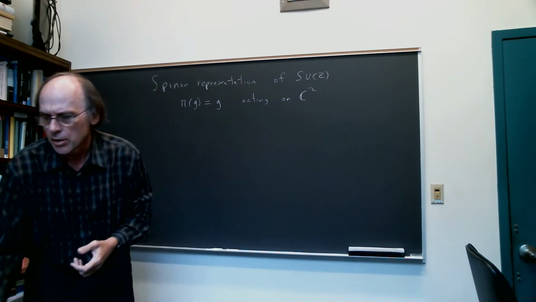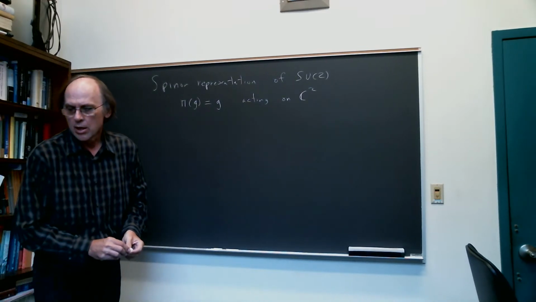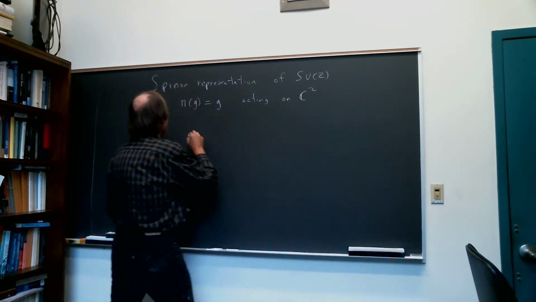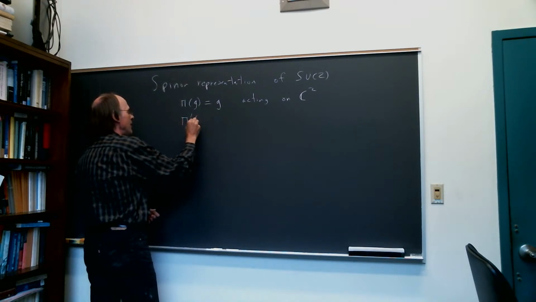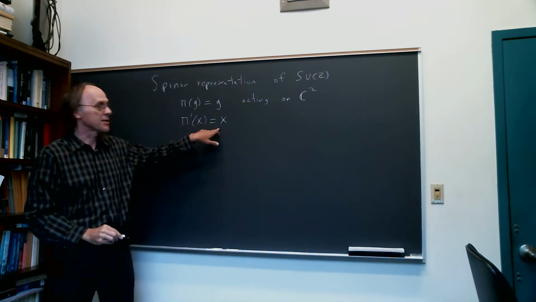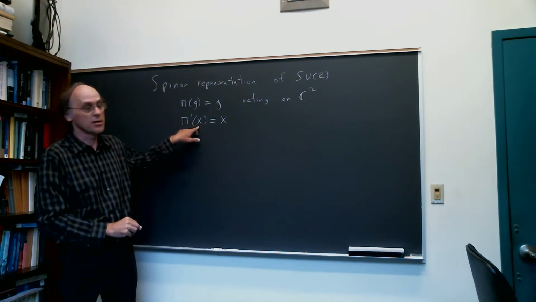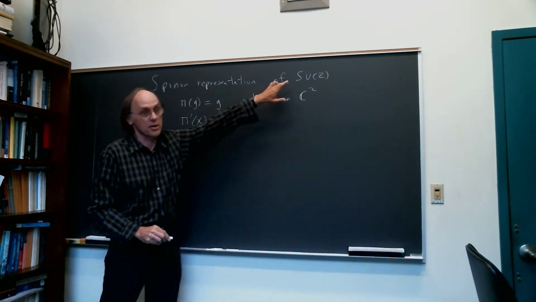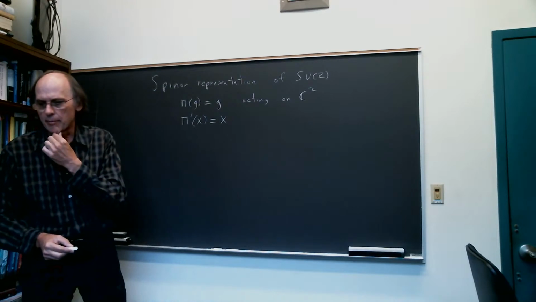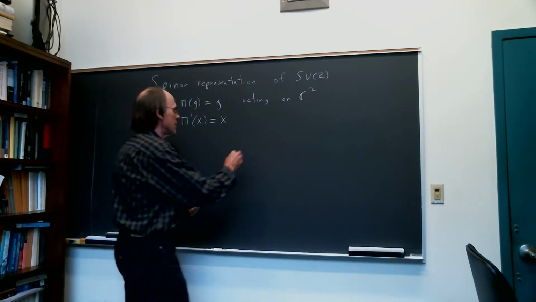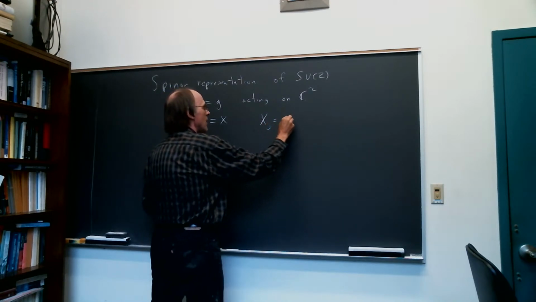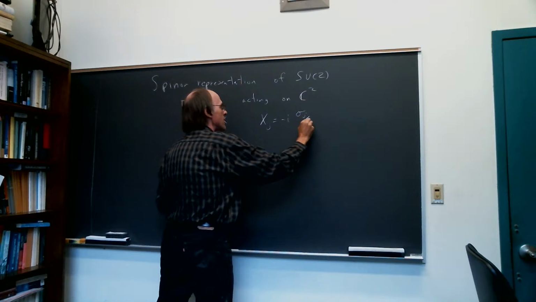So pi prime of x is just x, where x is some 2 by 2 matrix that you can exponentiate to get an SU2 matrix. In particular, we are interested in the basis of the x sub j's, which were given by minus i times the Pauli matrices over 2.